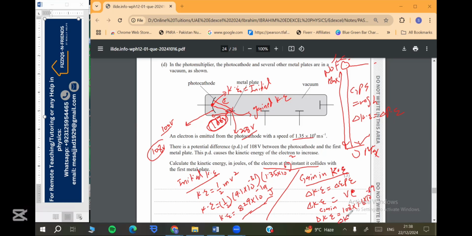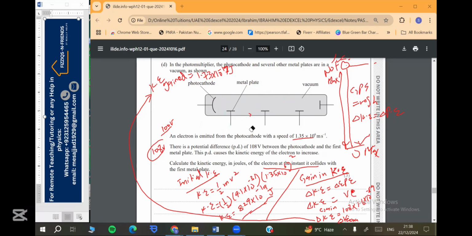So Ke gained is actually equals to 108 times 1.6 into 10 to the power minus 19 equals 1.73 into 10 to the power minus 17 joules. Okay, now total Ke equals Ke initial plus Ke gain.